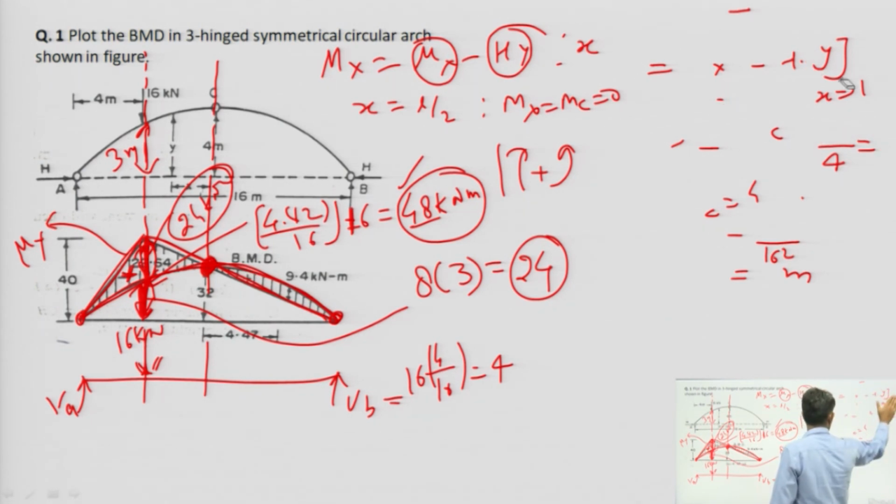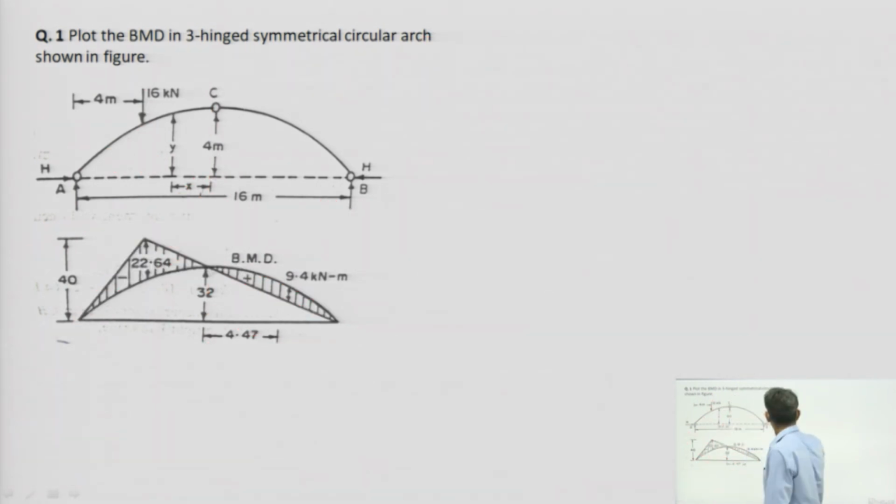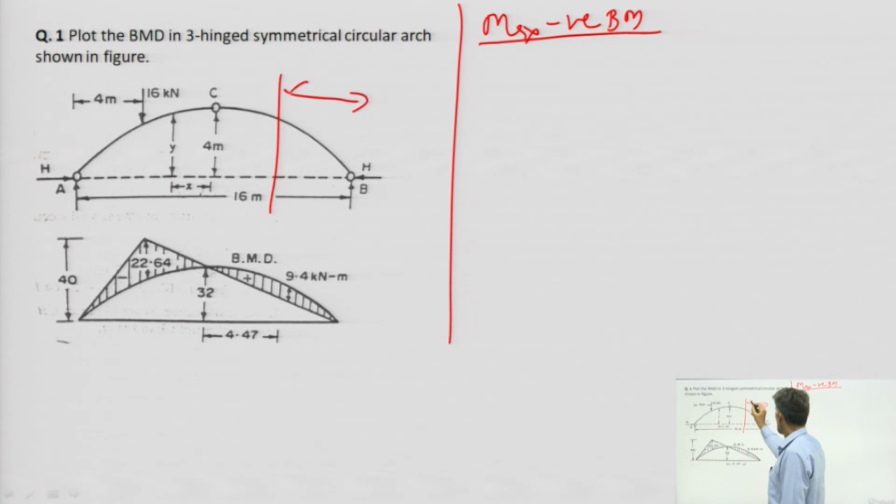So, for maximum negative bending moment, we need to calculate the moment at x from point B.